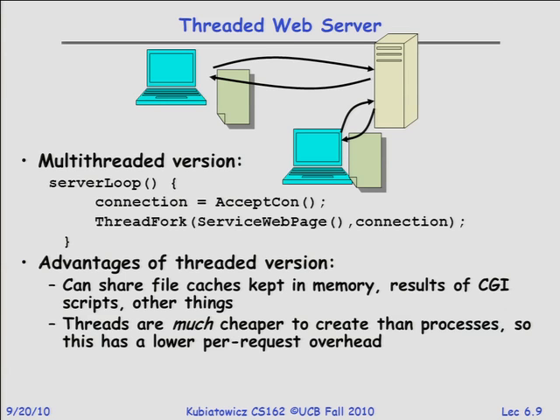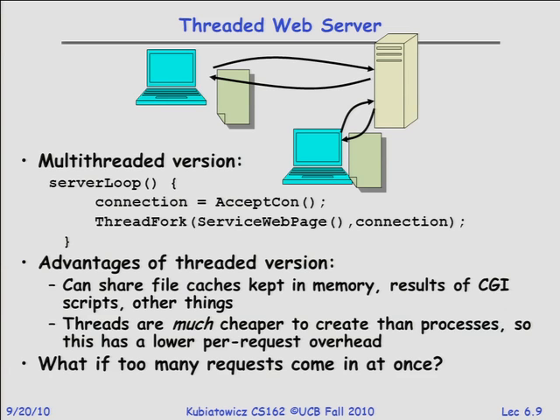Okay? What's the disadvantage? Well, if too many requests come in at once, what happens here? Yep. You create lots of threads and then? Yeah, you got a problem because you've got more overhead than real computation, right? You got 1 million threads going simultaneously. The only thing you're doing is switching all the time. Okay? This is what's often called the Slashdot effect.